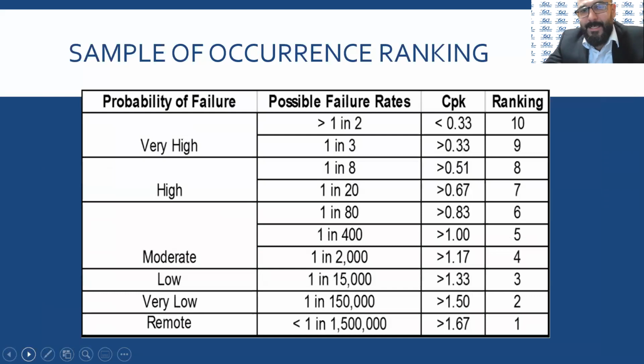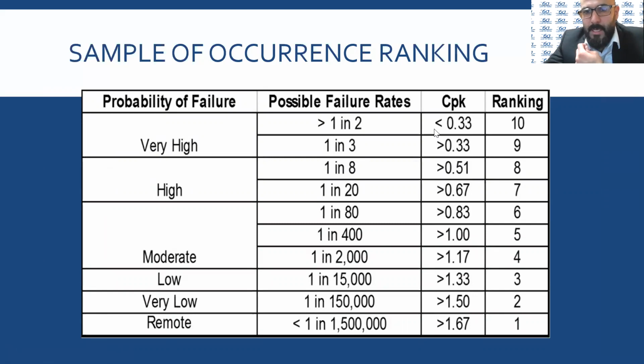Now for the second factor, we need to find out the possible failure rates. How often the occurrence, how often this failure happens. So if it's more than 1 in 2 times or 1 in 3, then the ranking should be 9 or 10.